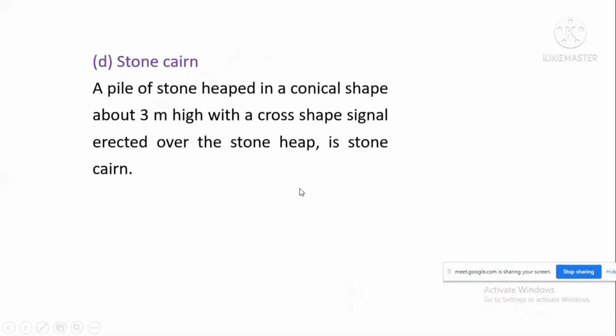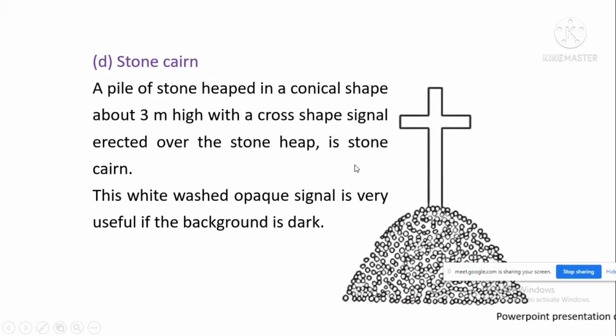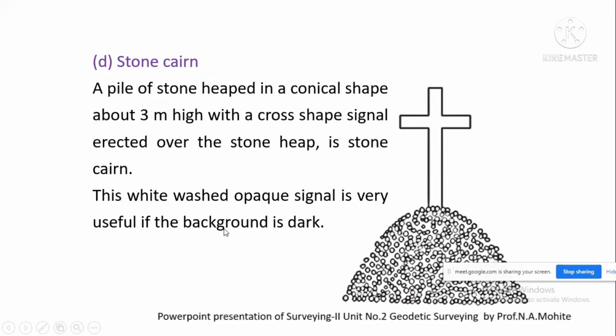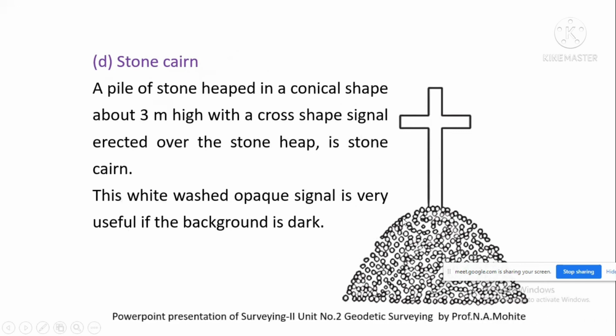Next one is the stone signal, which is whitewashed and very useful if the background is dark. It has a cross shape and is placed on a stone heap.